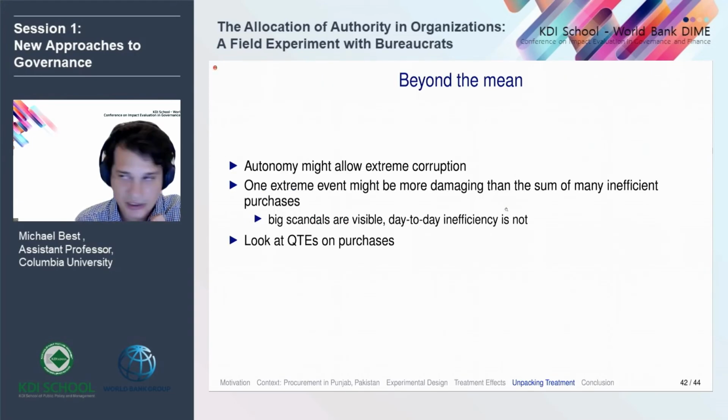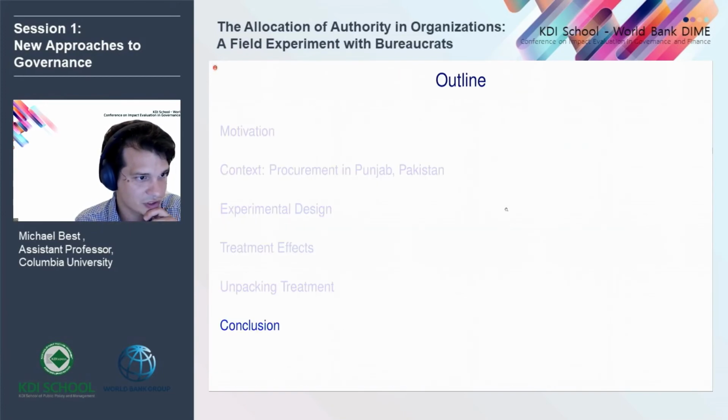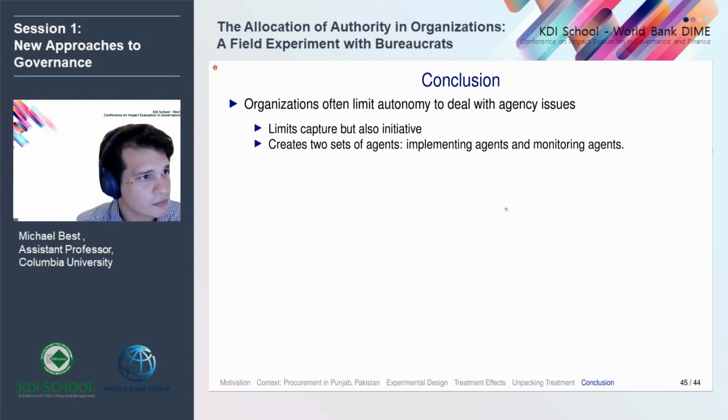Okay, I think I'm already over time, so instead of showing you this, let me just wrap up. So we started this project by trying to think about how organizations use both rules or autonomy, the allocation of autonomy, and financial incentives to deal with agency issues.